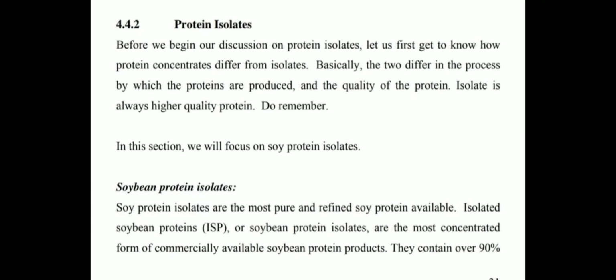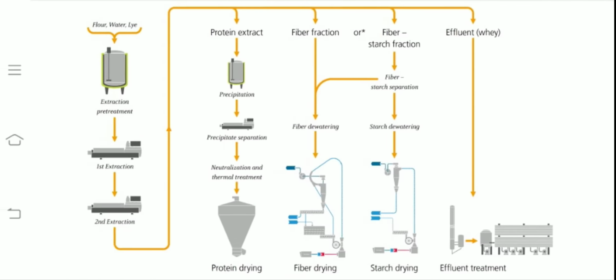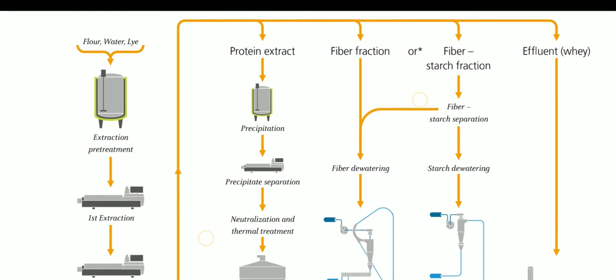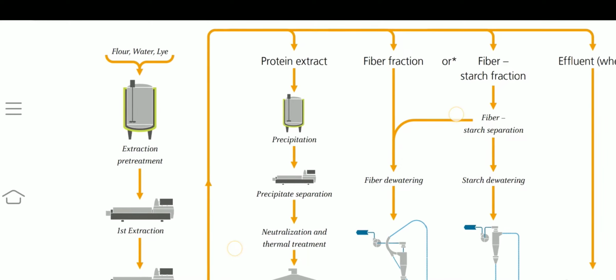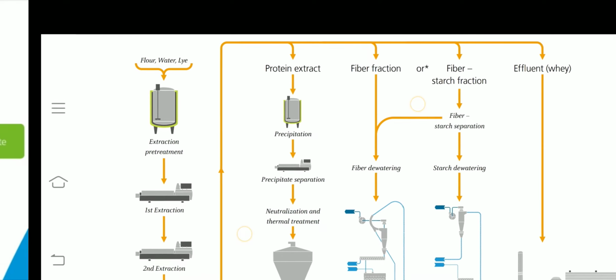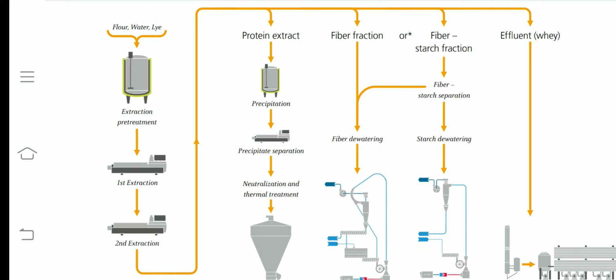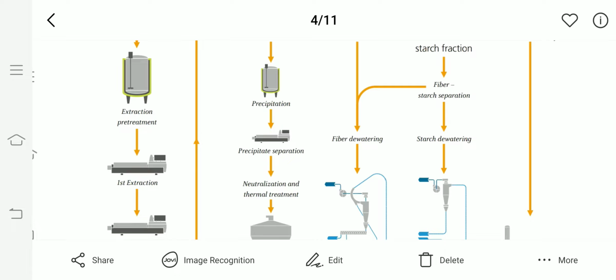Now we can see the flow chart, or the line diagram, of the basic process. The dehulled clean seeds can be converted into flour, as we can see.